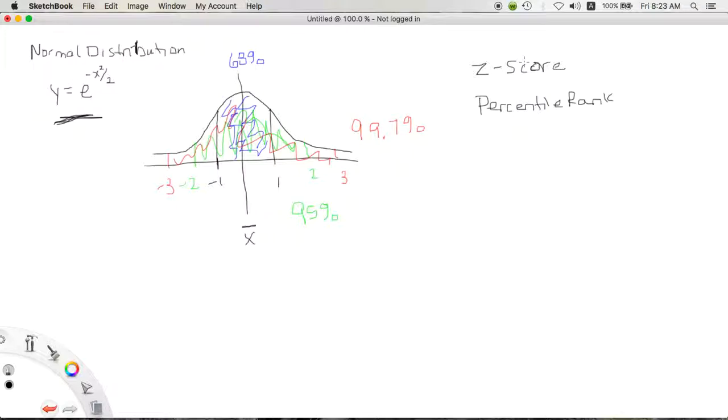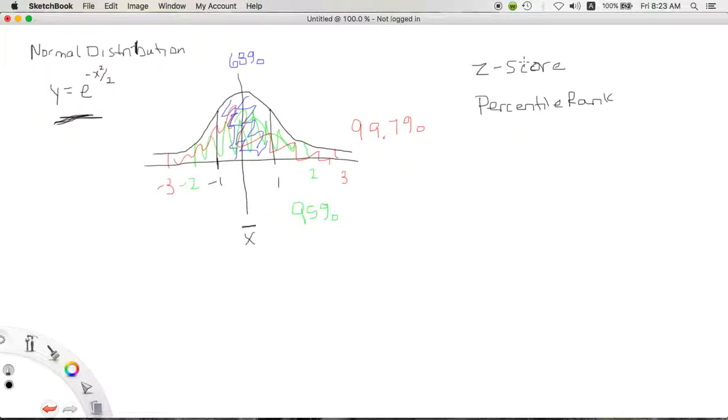And what that's saying is the percent of values less than or equal to your score. So if you have a really high percentile rank, then that means that most of the scores are less than or equal to your score. It means you got a high score comparatively to other people. It doesn't actually tell you how well you did on the exam. It just tells you how well you did compared to other people.